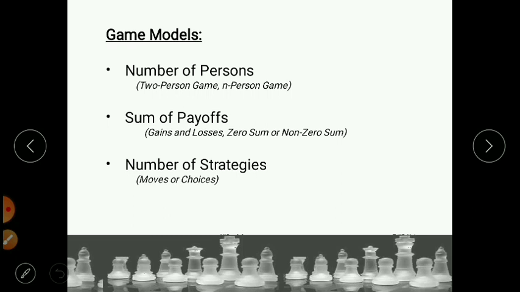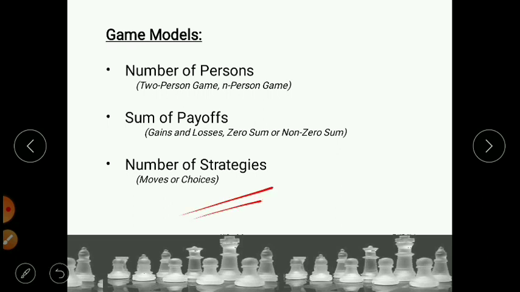If the number of strategies is finite, the game is called a finite game, which is mostly the case. But if the number of strategies is not finite, then it is called an infinite game. There are hardly any games which have infinite strategies; mostly the games have finite moves or choices, finite strategies. That's why they are called finite games.